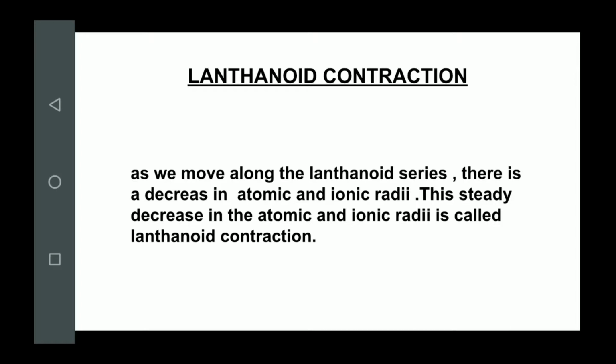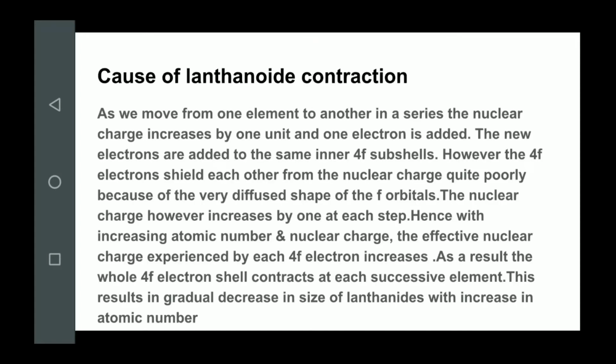Now why is this happening? Two main reasons are there. As we move from one element to another in any series, not only lanthanoid, in any series, the atomic number increases by 1. And when the atomic number increases by 1, the nuclear charge also increases by 1 unit, because 1 electron is being added to that atom.